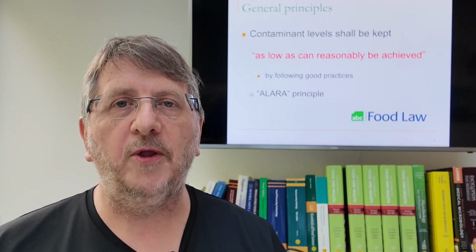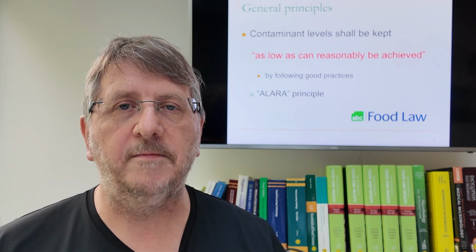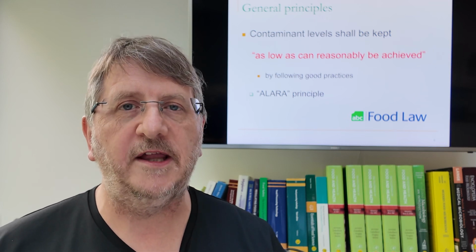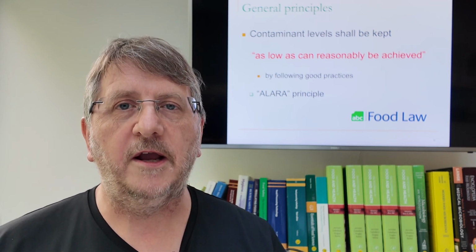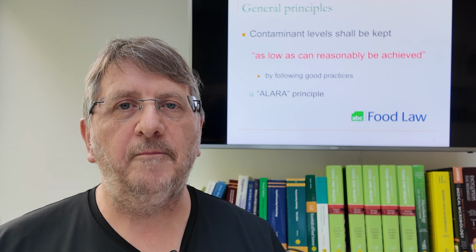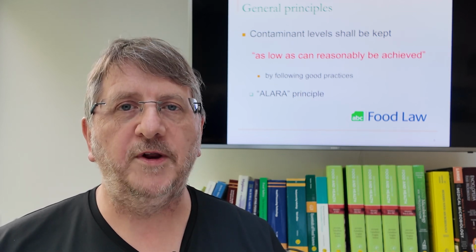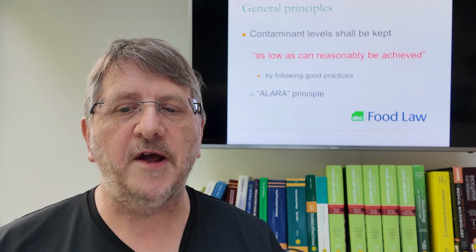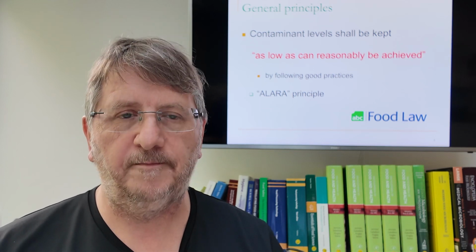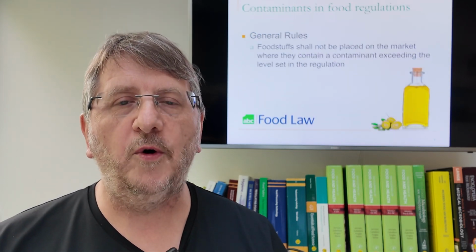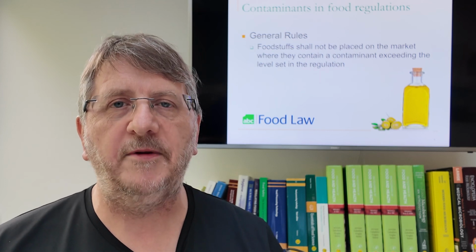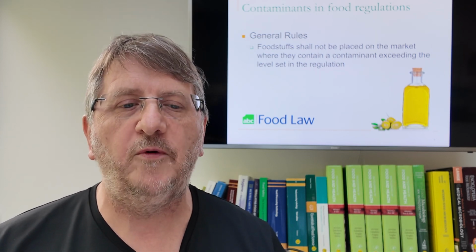So we'll see in a moment the law sets some maximum levels, and of course you can't exceed the levels of stated contaminants. But even if maximum levels are not met, food businesses must put in steps to make sure the contaminants are at this ALARA level. So what sort of regulations apply here? We have contaminants in food regulations, and there are some general principles.